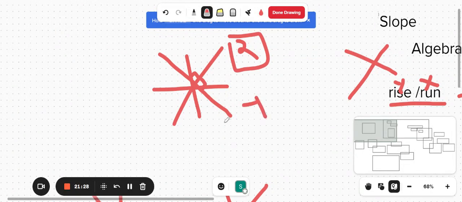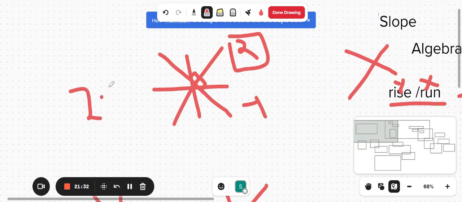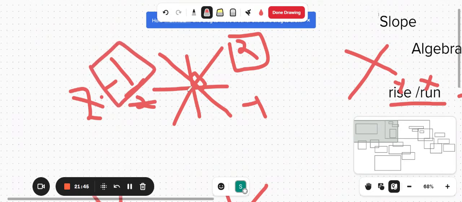So that number here is essentially 2. You would do 2 times -1/2. When you do that, the 2's cancel out and you're left with -1, and that's how you find the slope of a perpendicular line.